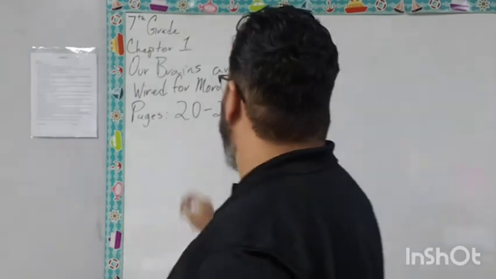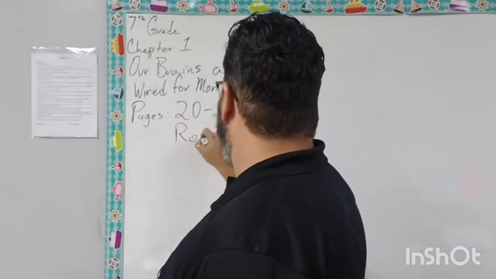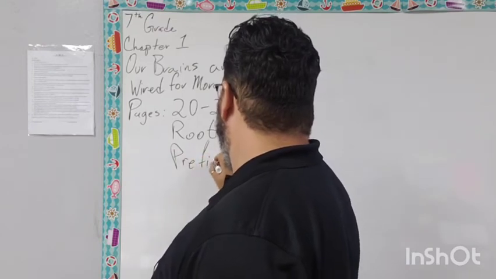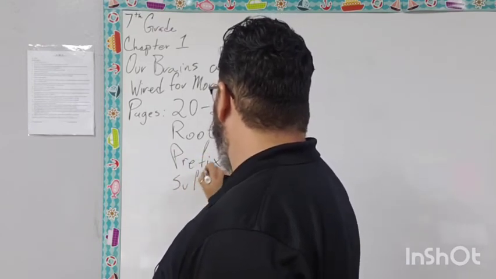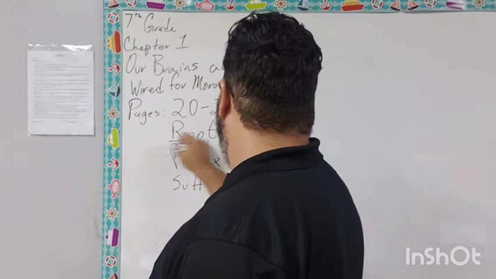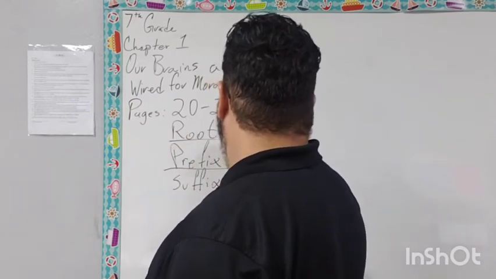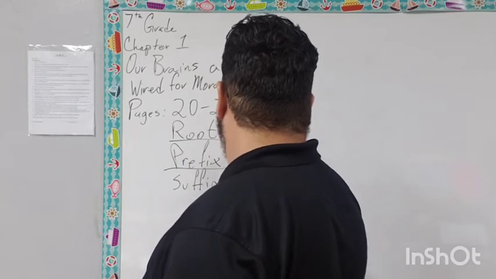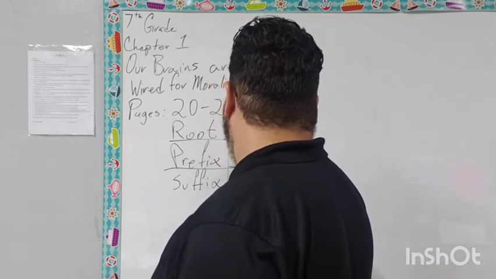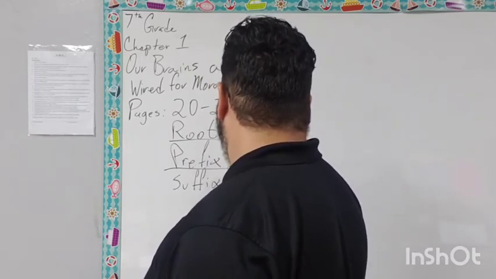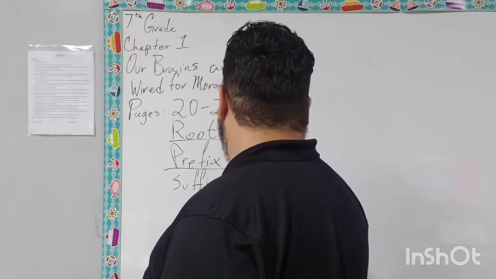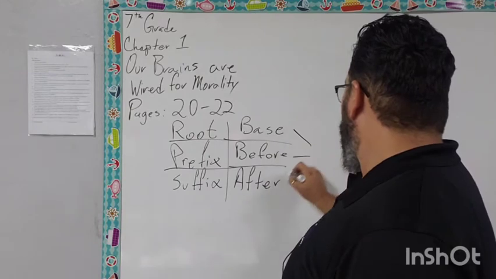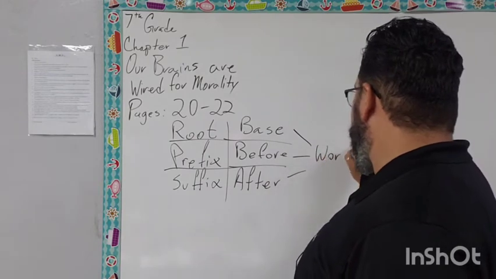So we have roots, prefix, and suffix. Now this is base. This comes before, and this goes after the word.